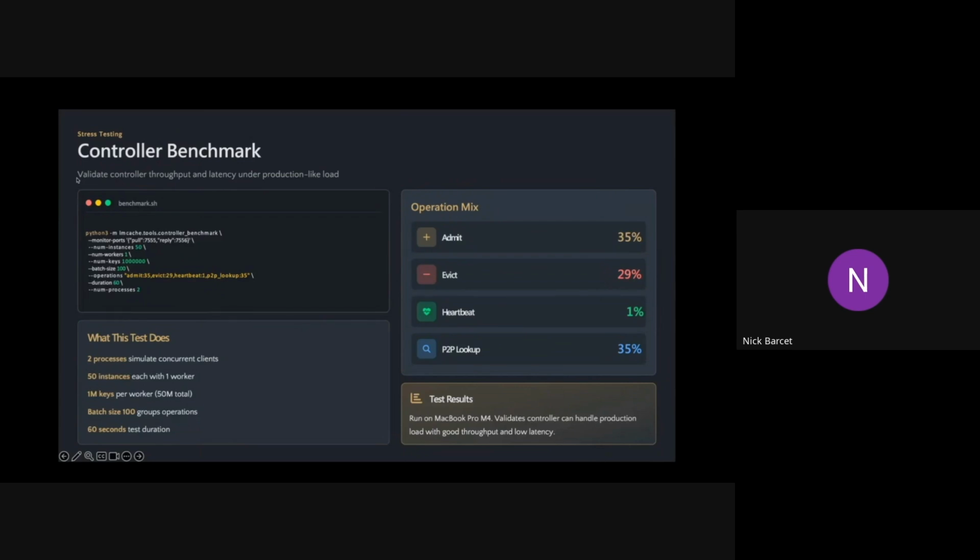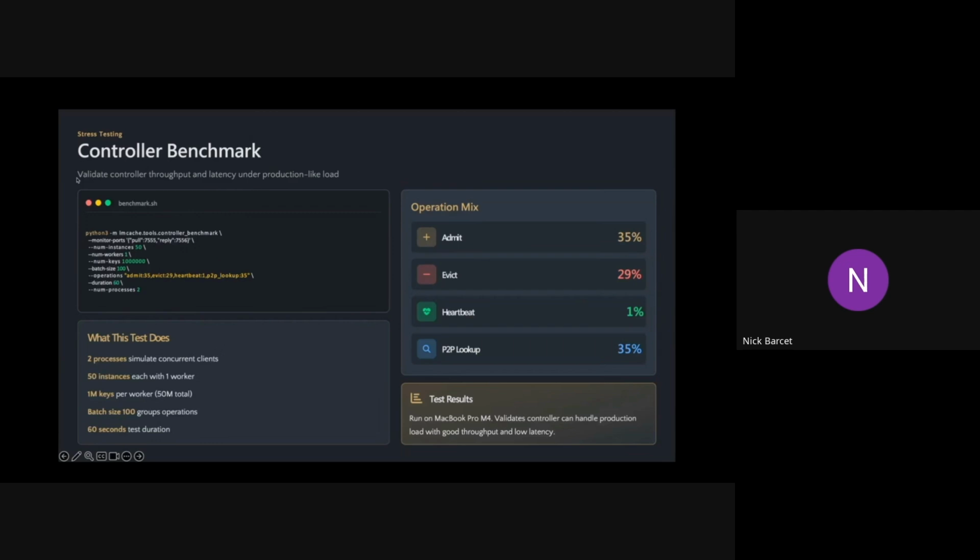Batch size is 100. Operation rates, 60-second test duration and 2 client processes. The operation mix is admit at 35%, evict at 29%, heartbeat at 1%, and P2P lookup at 35%.